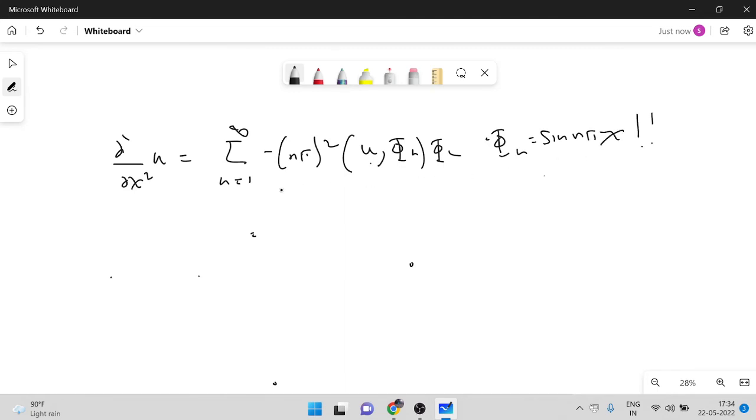So this is how you get your operator, and this is basically A times u, where A is the double derivative operator. That's how you land up with things, and that's how you connect A and the semigroup.